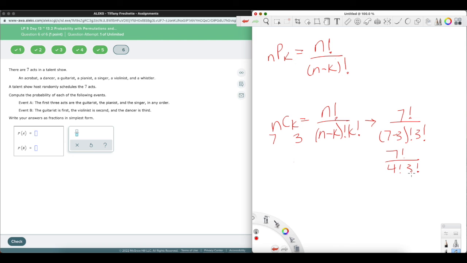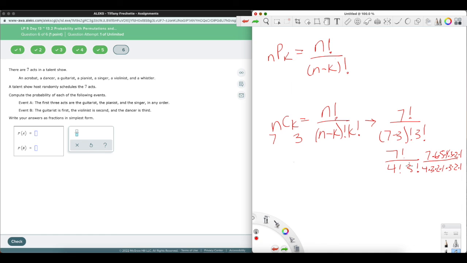So we have 7 times 6 times 5 times 4 times 3 times 2 times 1, over 4 times 3 times 2 times 1, and 3 times 2 times 1. So remember, this is the 3 and this is the 4. So they're separate. 4 factorial is 4, 3, 2, 1. 3 factorial is 3, 2, 1.